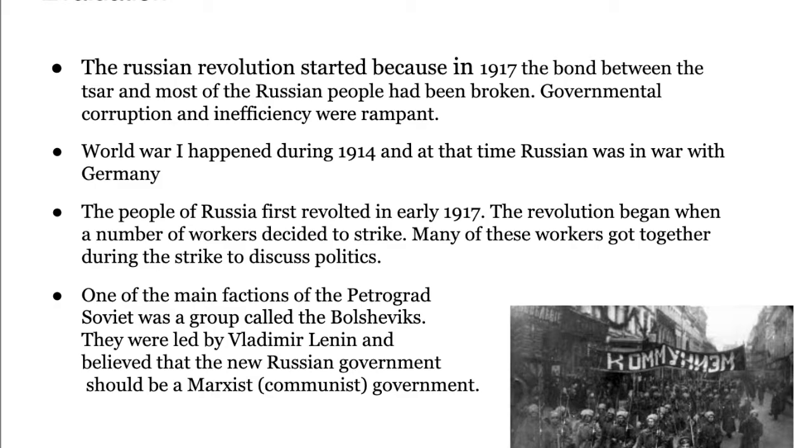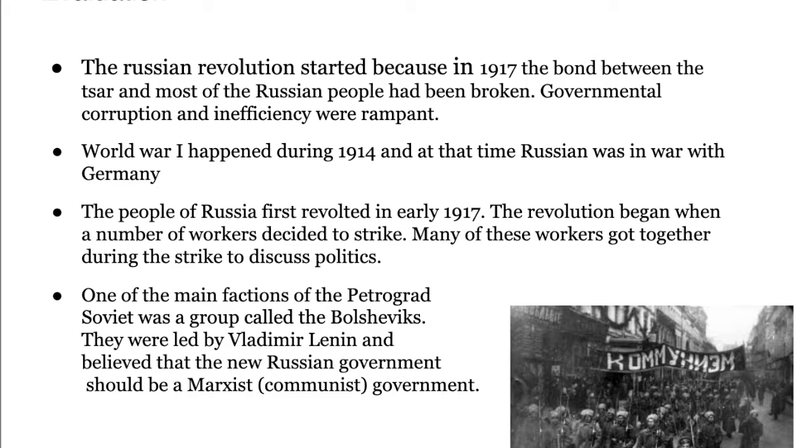They were led by Vladimir Lenin and believed that the new Russian government should be a Marxist government. In October of 1917, Lenin took full control of the government. Russia became the first communist country in the world.